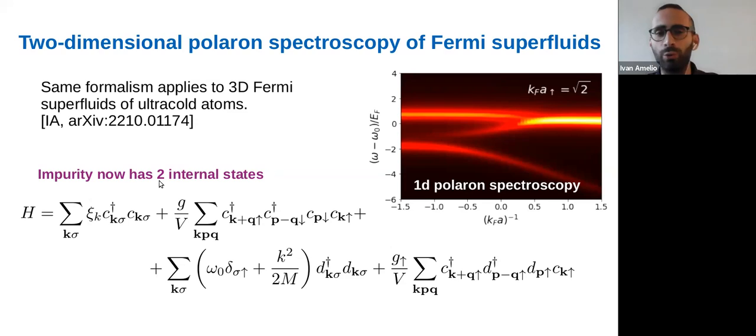And now we consider an impurity that is another atom which can have two different internal states, spin up and spin down. Only the spin up state, we assume, is interacting. So when the impurity is in the down state, it is completely non-interacting.